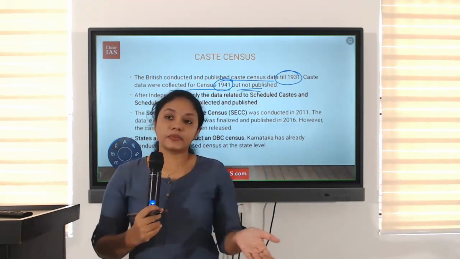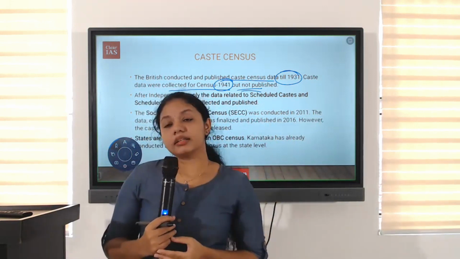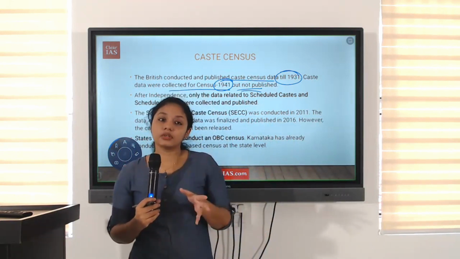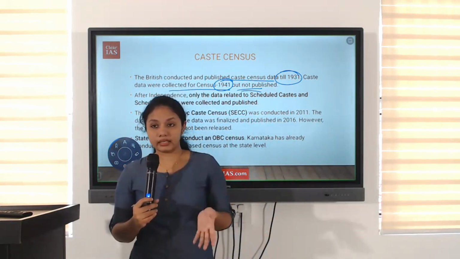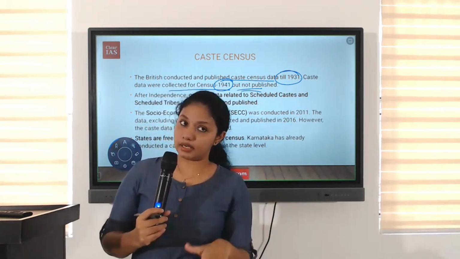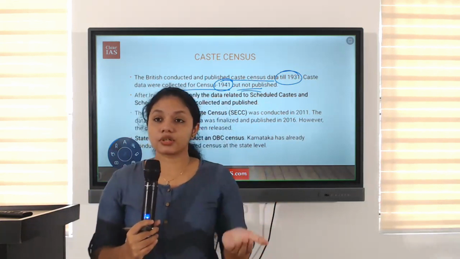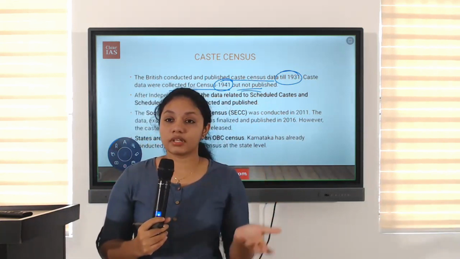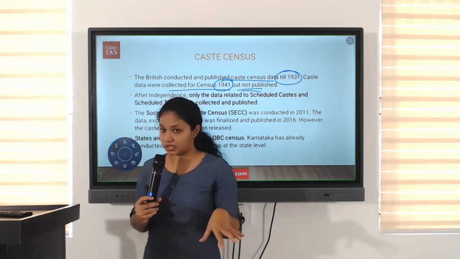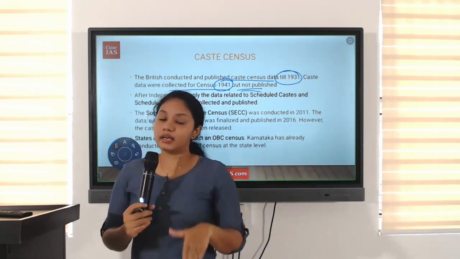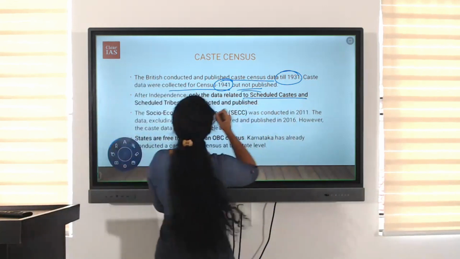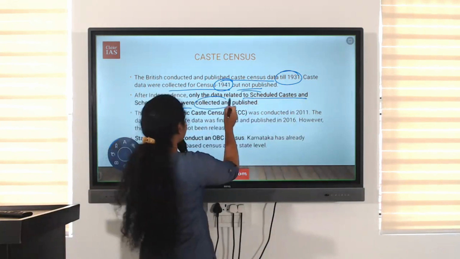Meaning specifically caste-based census data were not released, but they felt the need to identify the number of scheduled caste or scheduled tribe people in the country, because they are the people who suffered most of the historical injustice and discrimination. So after independence, only data related to scheduled castes and scheduled tribes were collected and published.